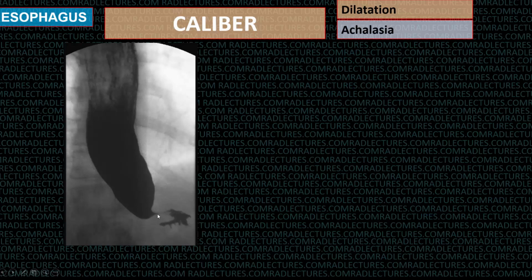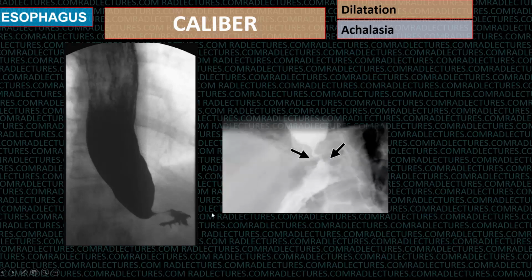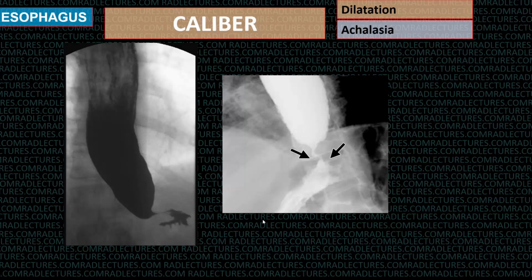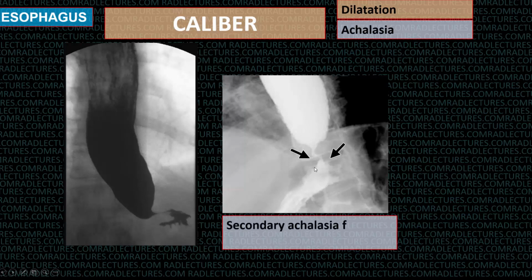Now this can also occur when it is destroyed by the trypanosoma parasite, which occurs in Chagas disease, but something else can have a very similar appearance, and that is when there is infiltration of the lower end of the esophagus by a cancer. So that is called a secondary achalasia, and this secondary achalasia needs to be differentiated from the primary achalasia.